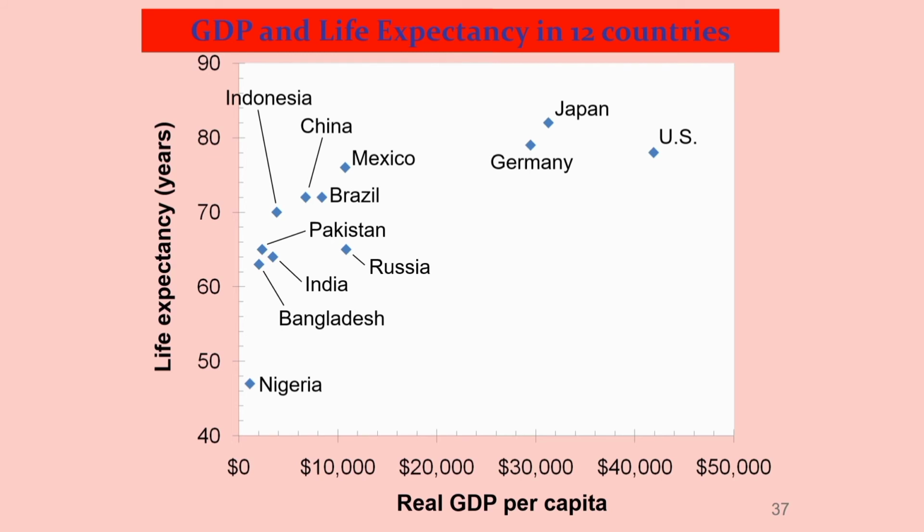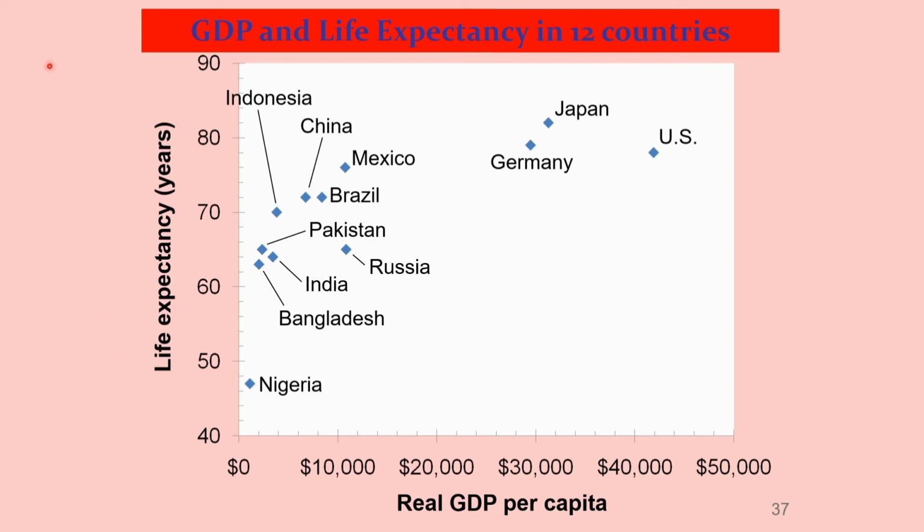For example, if we correlate life expectancy and real GDP per capita, we can see on the diagram that countries with higher real GDP per capita, for example, US, Japan, Germany, also have higher life expectancy.